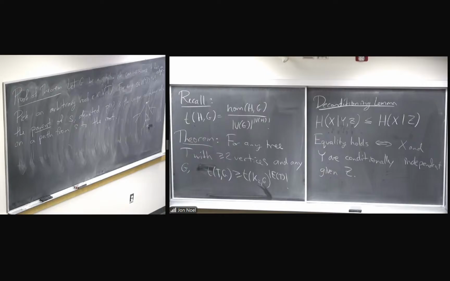So this is my tree T. I'm going to construct a homomorphism from T to G using a sort of randomized algorithm.